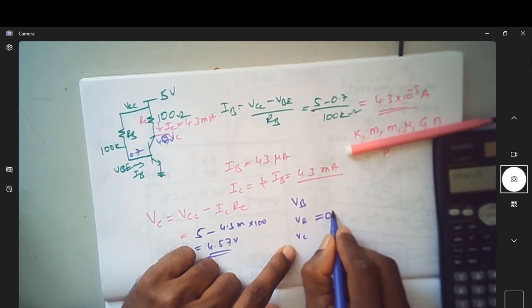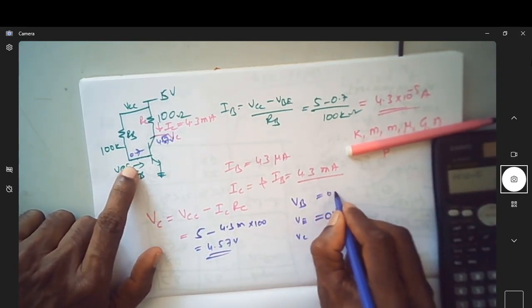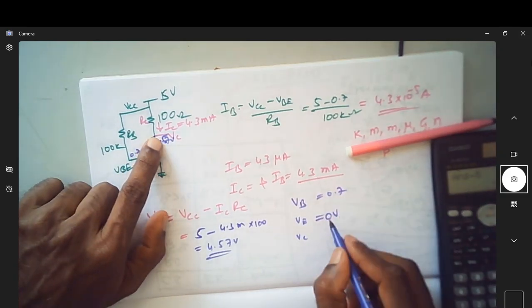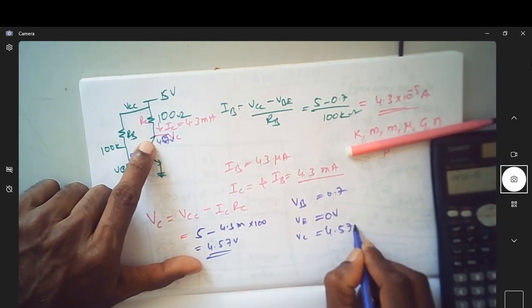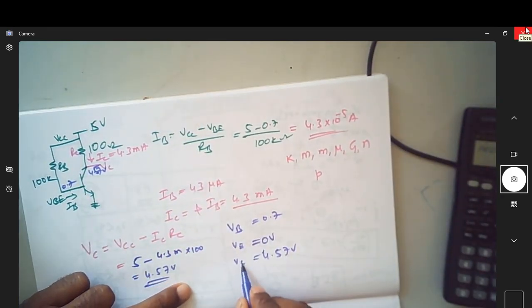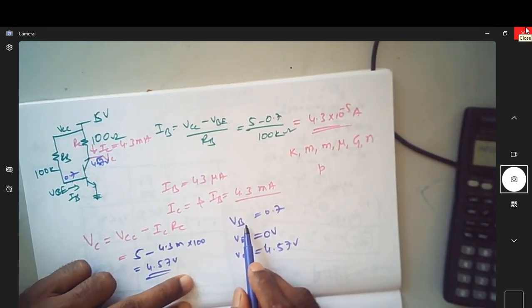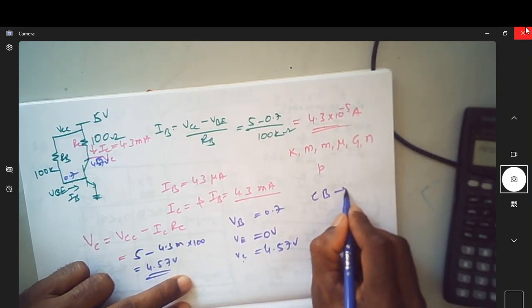Is the emitter voltage 0 volt, because the emitter is grounded? What is the base voltage? Is it 0.7? What is the collector voltage? Is it not 4.57 volt? It is right. Is the collector voltage more than the base voltage? If the collector voltage is more than the base voltage, is your CB junction reverse biased?